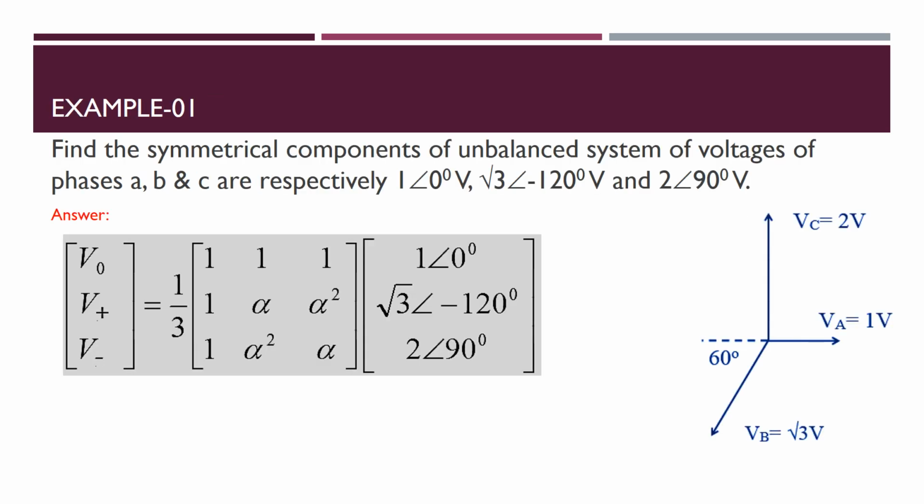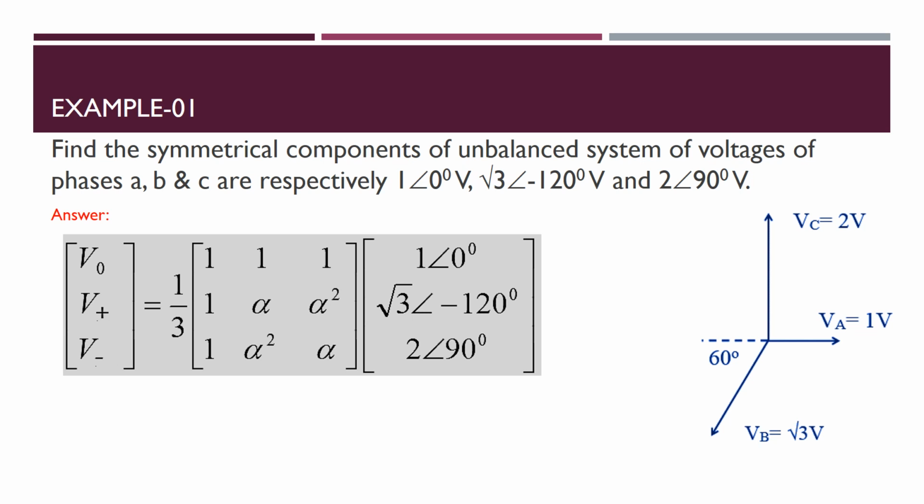Okay, an example is given here. This is an unbalanced system, and to determine the balanced system, you can do this: determine the sequence components. You can have this kind of equation and calculate V0, V plus, V minus.